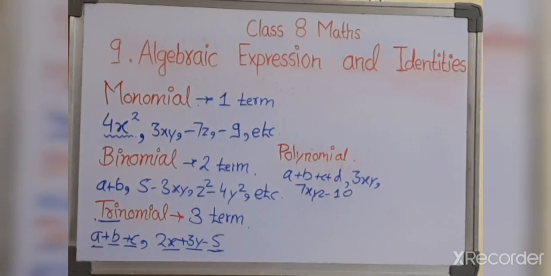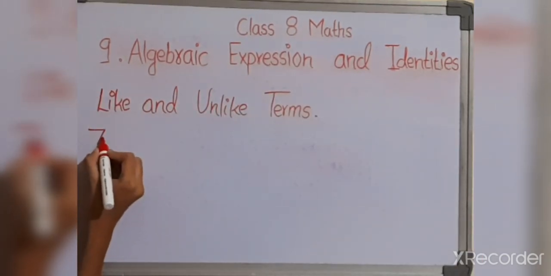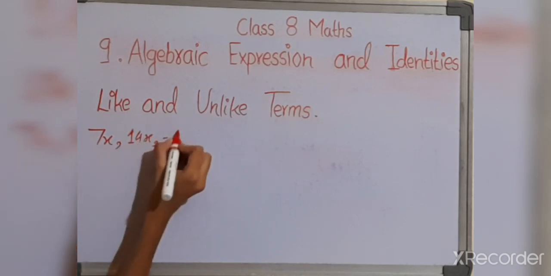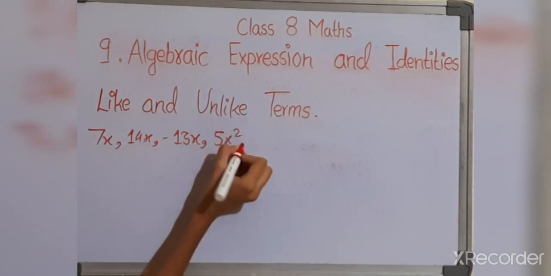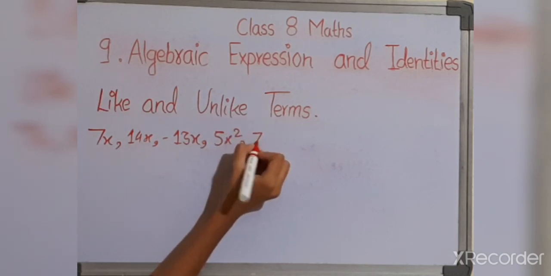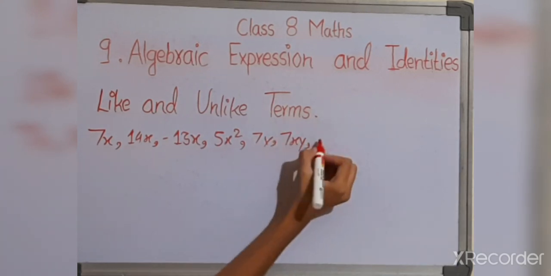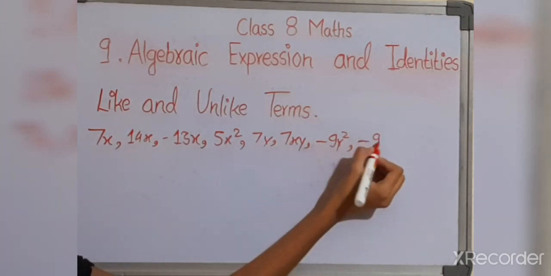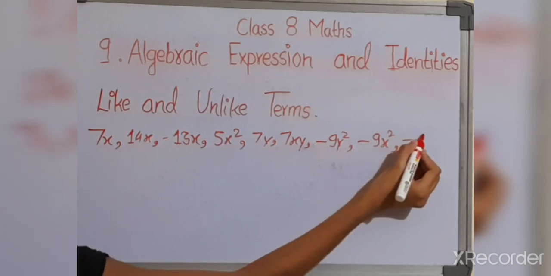Now let's see what are like and unlike terms. Now look at the expressions 7x, 14x, minus 13x, 5x square, 7y, 7xy, minus 9y square, minus 9x square, minus 5yx.